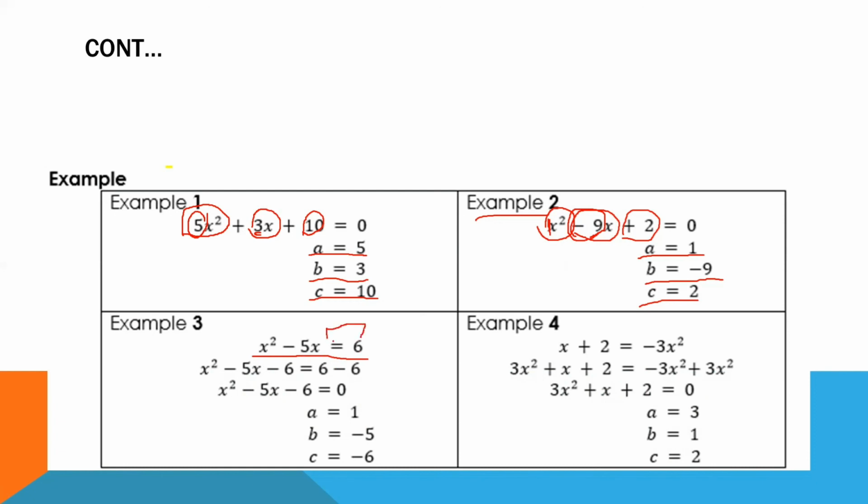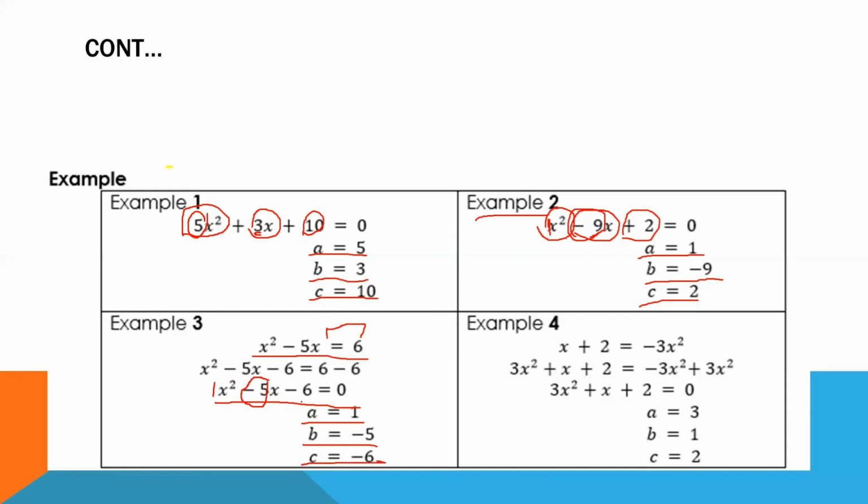So, here it is now: x squared minus 5x minus 6 is equal to 0. Since it is in standard form, we can identify the real numbers A, B, and C. Real number A is equal to 1. Real number B is negative 5. And the constant is negative 6.